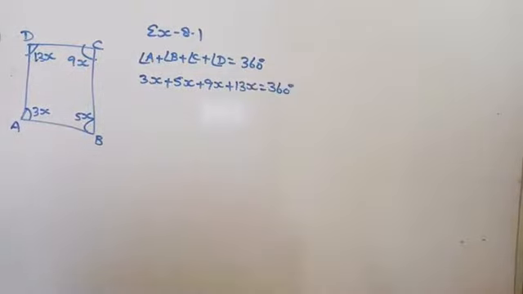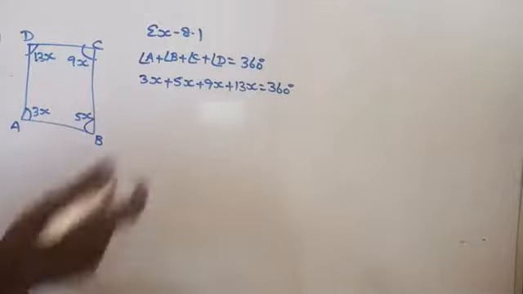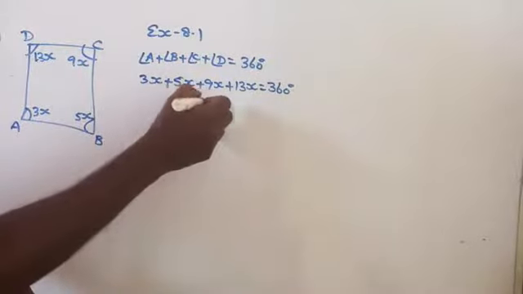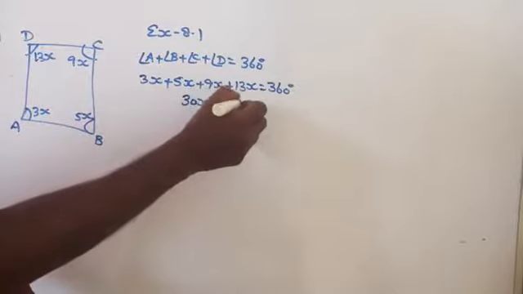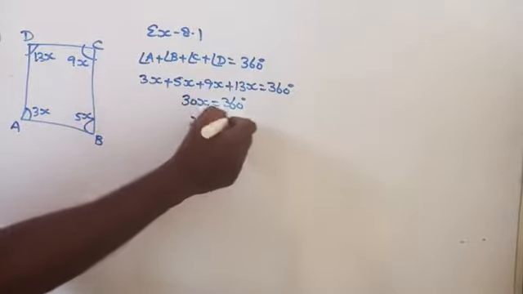Now 3x plus 5x is 8x, 8x plus 9x is 17x, 17x plus 13x is 30x. So 30x equals 360, then x is equal to 360 by 30.